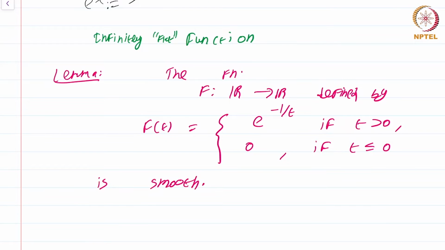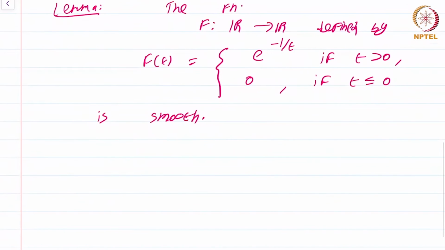Okay, this function, which is defined in two pieces as e power minus 1 by t if t is greater than 0 and 0 if t is less than or equal to 0, is actually a smooth function.